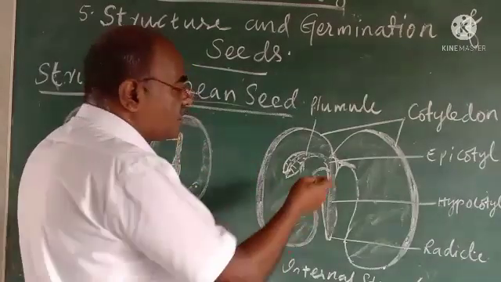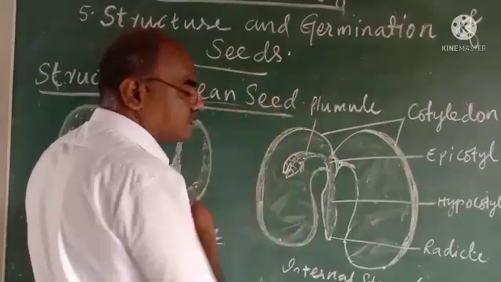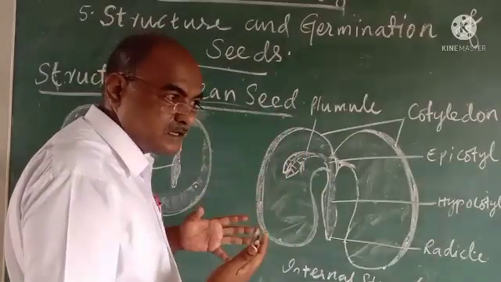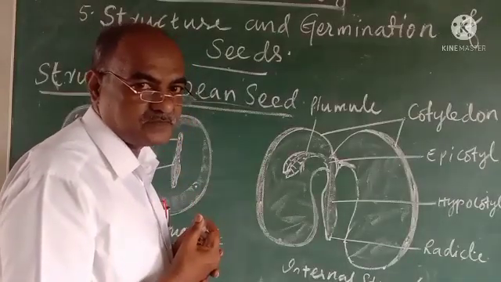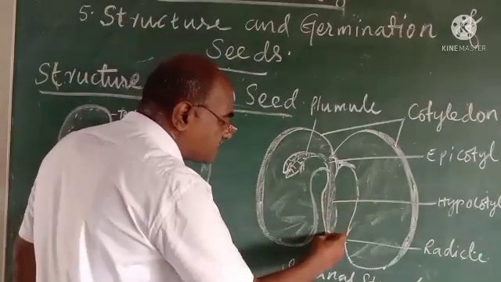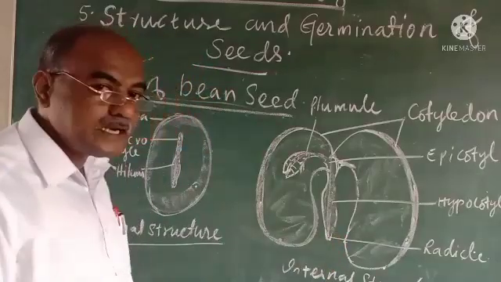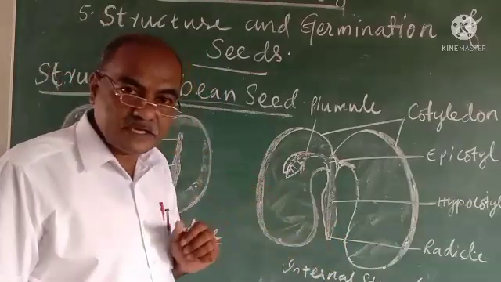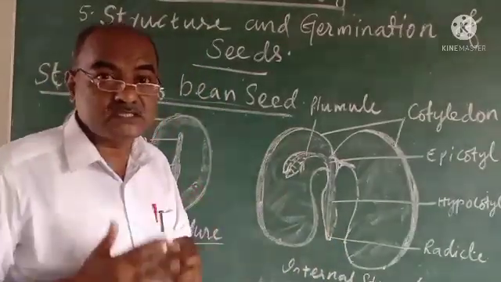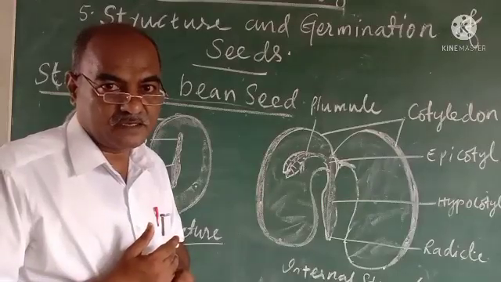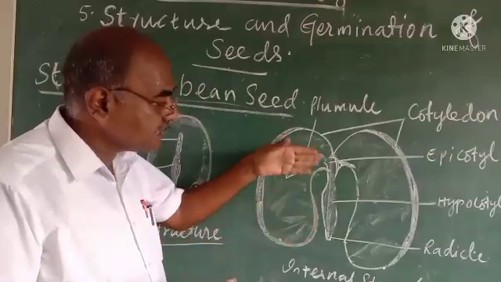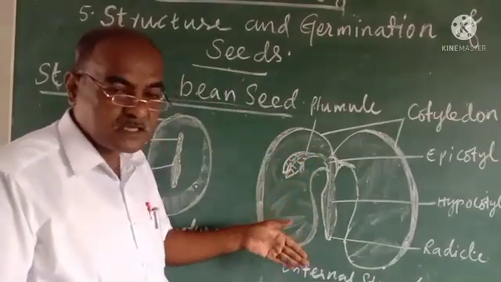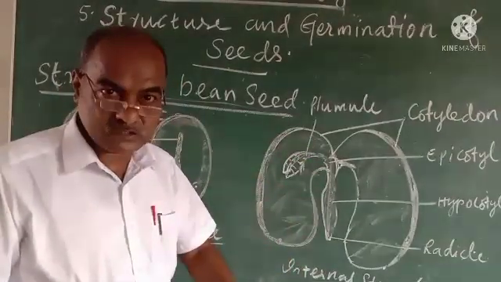The upper region is called the plumule, which after germination develops into the shoot system of the plant. The lower region is called the radicle, which turns into the root system. After germination starts, the radicle develops as the root system growing just below the soil.